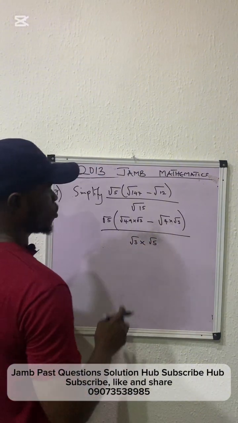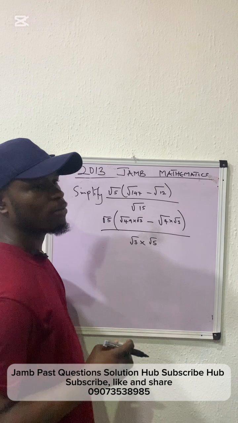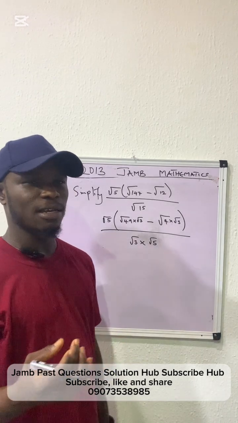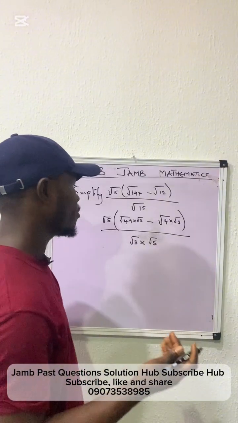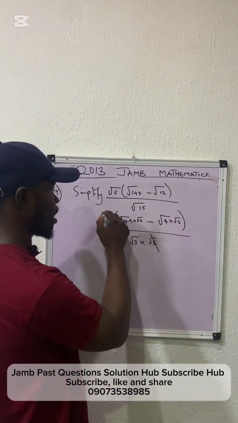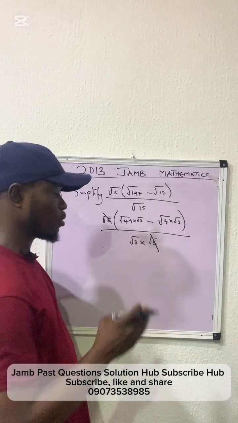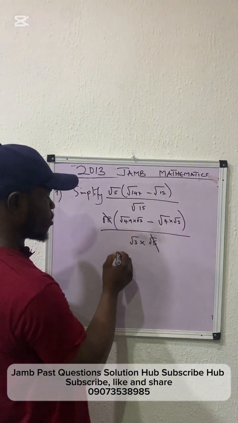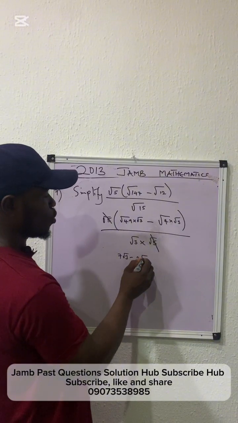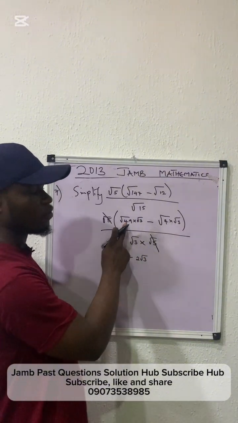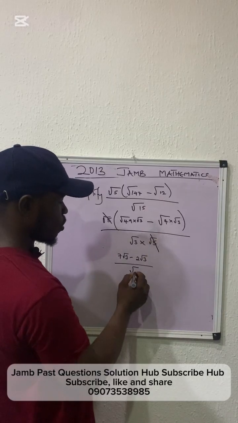Now why is it that none of them has a square root? It's simply because we can cancel this and this, so the denominator doesn't really matter. From here we have 7 root 3 minus 2 root 3, where 7 is the square root of 49 and 2 is the square root of 4, all over root 3.